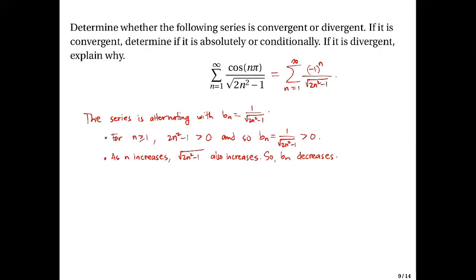Finally, we get the limit as n approaches plus infinity of b sub n, which is the limit as n approaches plus infinity of 1 over square root of 2n squared minus 1. This is equal to 0.